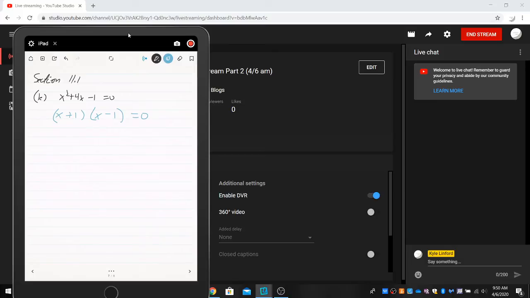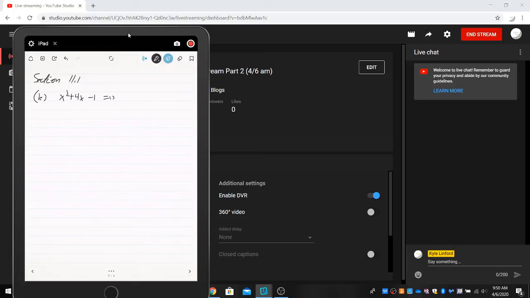Here's the problem. This polynomial that we have is prime in the integers. It's not going to work in the integers, meaning you can't factor it down with integer values in the factors. So the zero product property isn't going to work here. We need a different method.